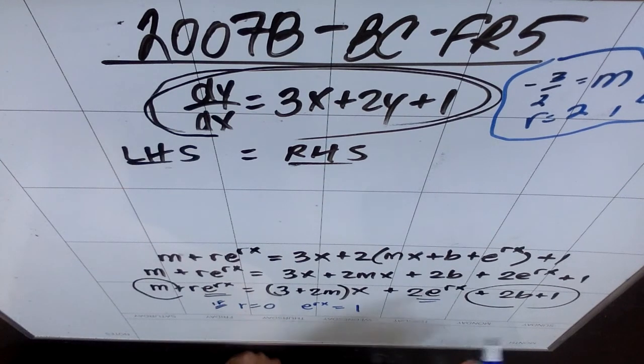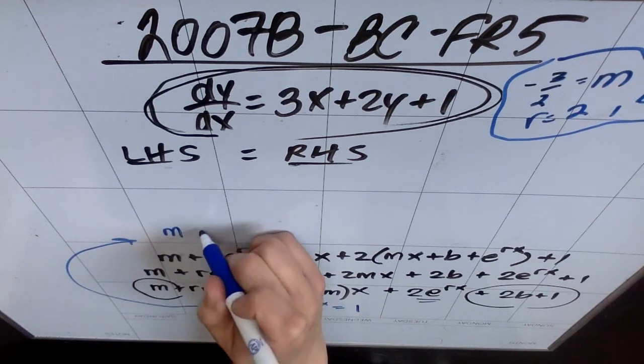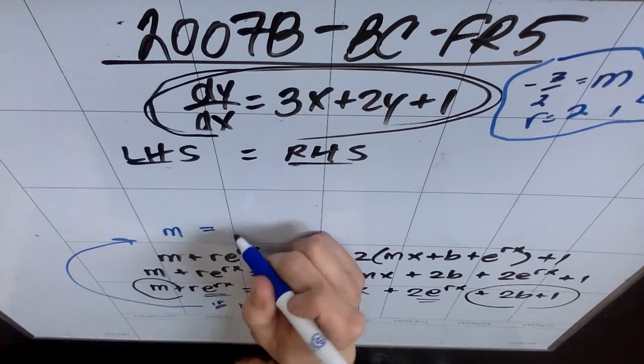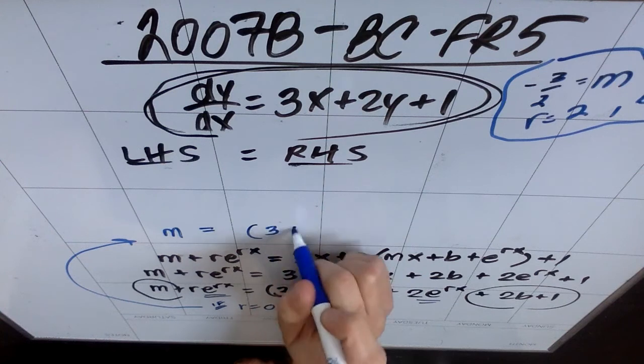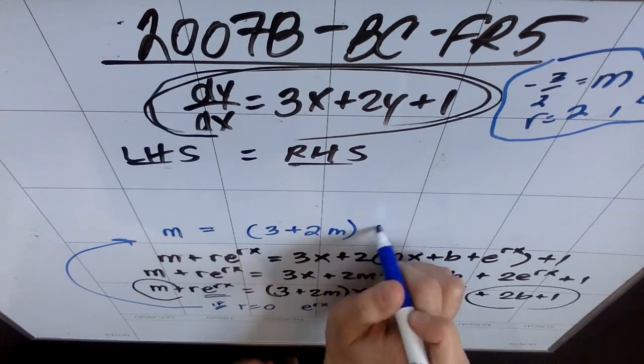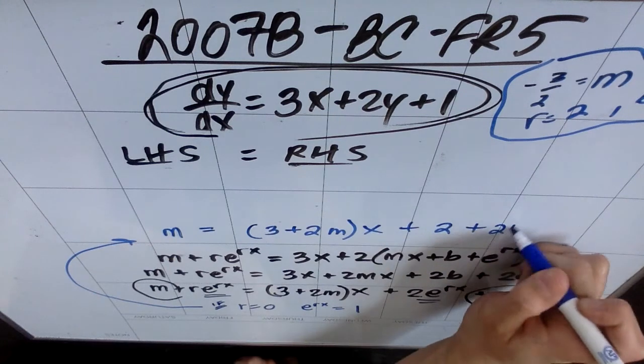So if r is 0, then what this equation actually looks like instead is m equals, because this is all 0, equals a 3 plus 2m times x plus a 2 plus a 2b plus 1.